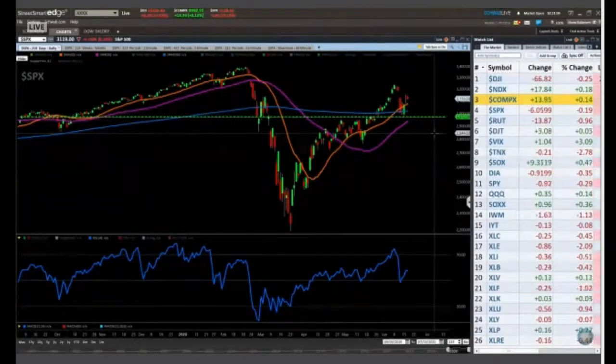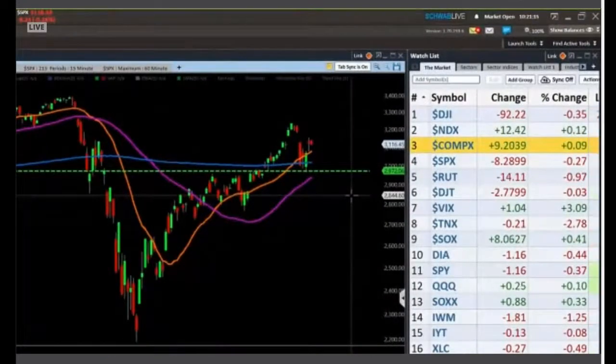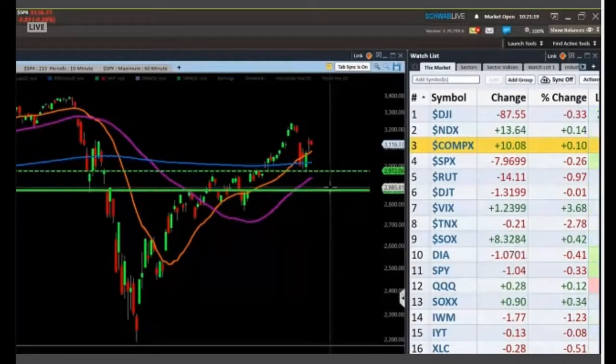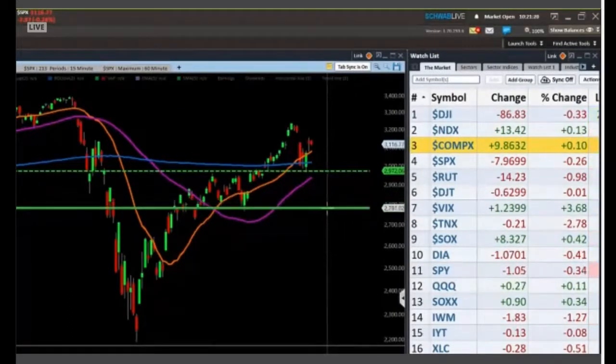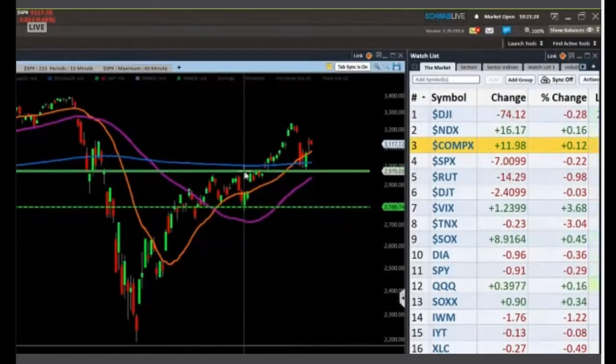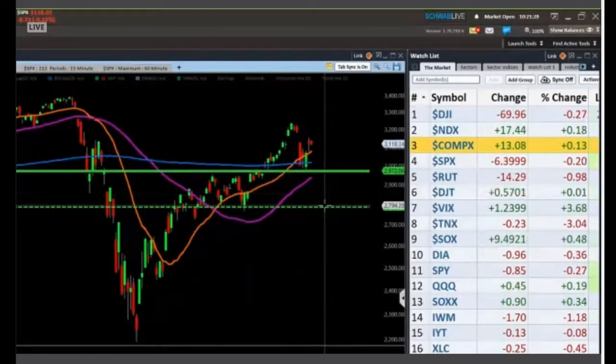Nothing real ugly at this point. I think this 2970 represents a lot of import. We talk about getting below that, we could find ourselves at that next ledge, down to 2,800. So basically meaning if we get below the first green line, our support, we should be a little bit range bound in here between 2,800 and 3,000.